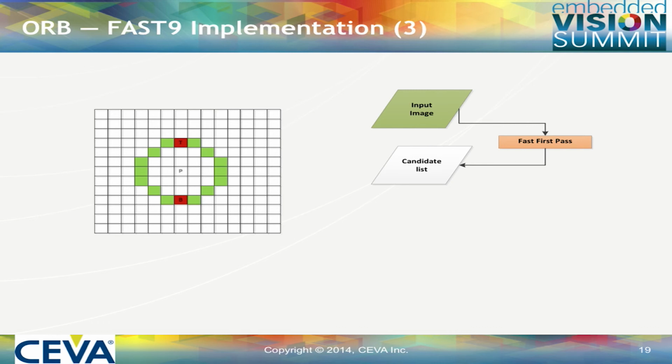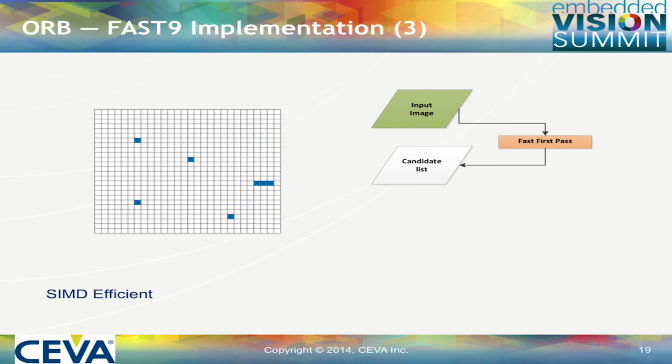In order to filter out 90% of the image, I need to check only two points. And I can do that in a SIMD fashion. I can load a long vector of tops, a long vector of center points, and a long vector of bottom points, and very quickly filter out most of the points.